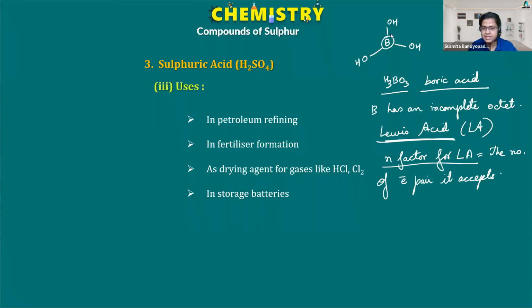Its target is 8, so it's short of 2 electrons to complete its octet. But they have not asked for the number, they have asked for the pair, which means it just needs one pair of electrons to complete its octet. An octet is 8, it already has 6. It needs one more pair. So its n-factor, which is also equal to basicity, is 1, because it will act as an electron pair acceptor. How many electron pairs will it accept? 1. So its basicity is 1.